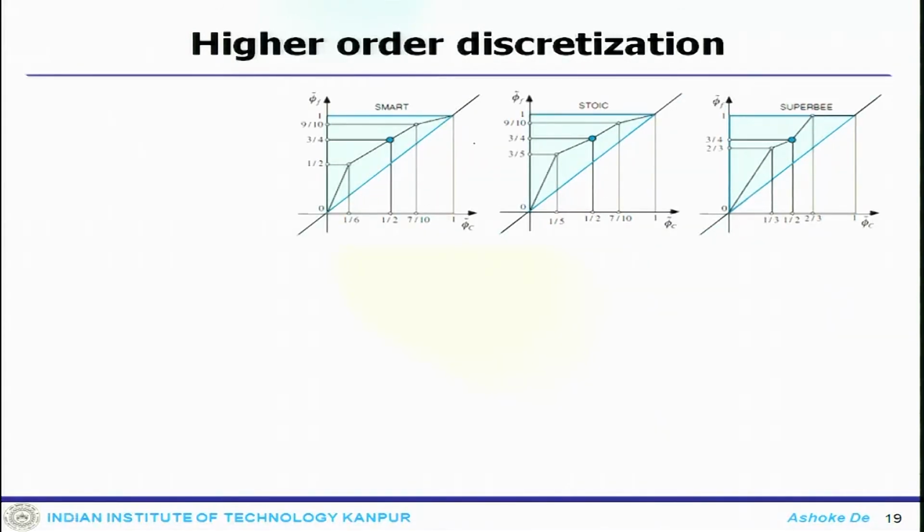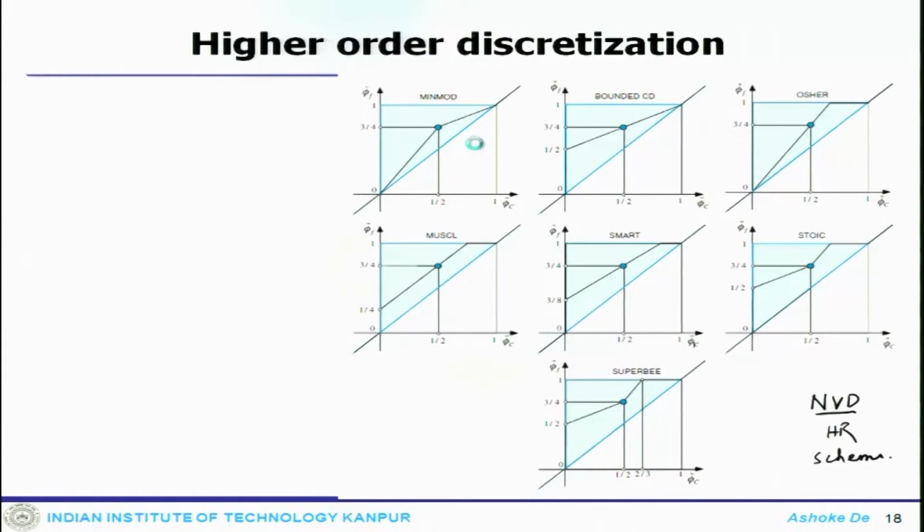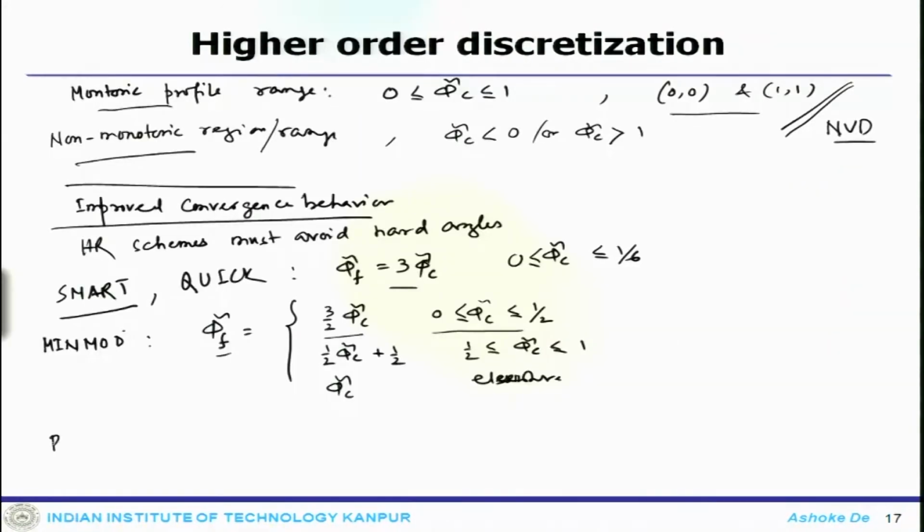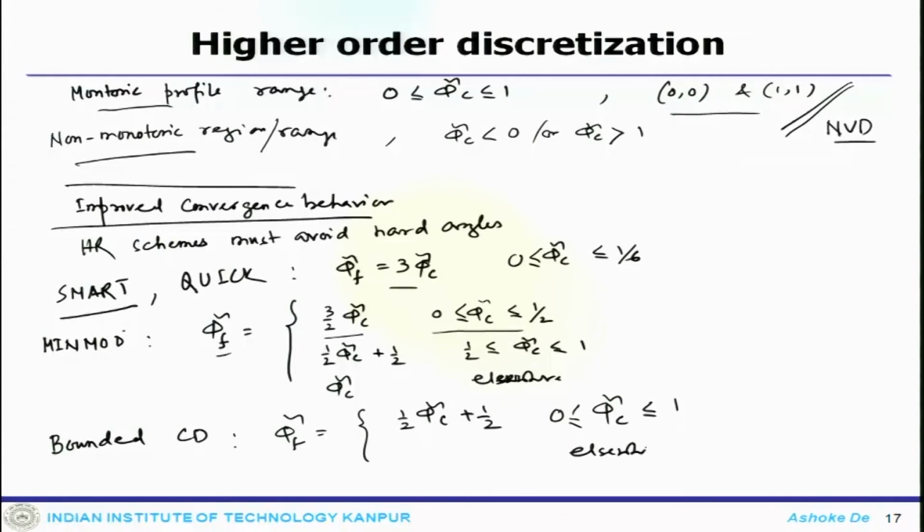Similarly, if we go to bounded CD, bounded CD shows that phi f equals half phi c plus half if phi c tilde lies between 0 and 1, and elsewhere it is always phi c.